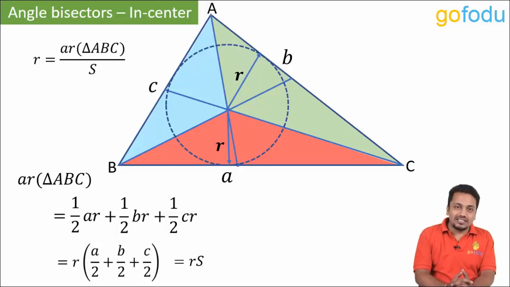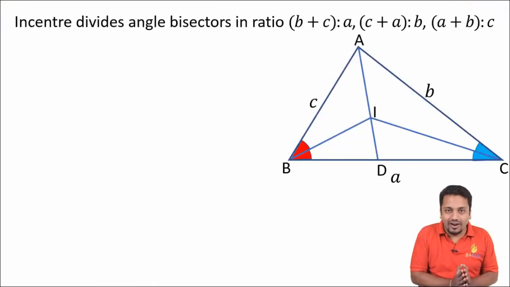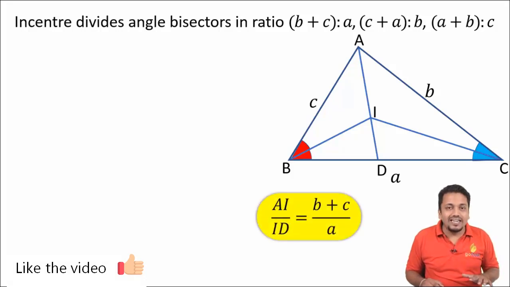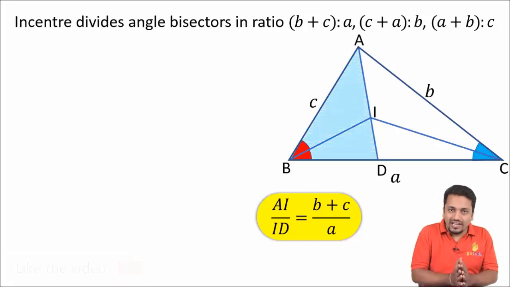Next property is that the incenter divides the angle bisector in the ratio B plus C is to A, and so on. That means in this triangle, AI upon ID is equal to B plus C upon A. In this blue triangle, these two angles marked in red are equal.